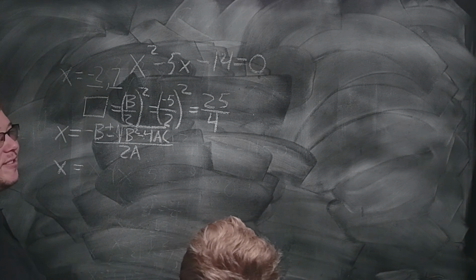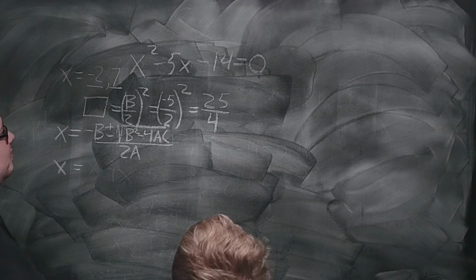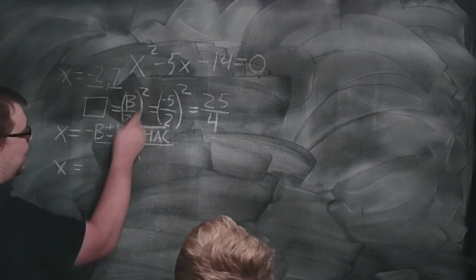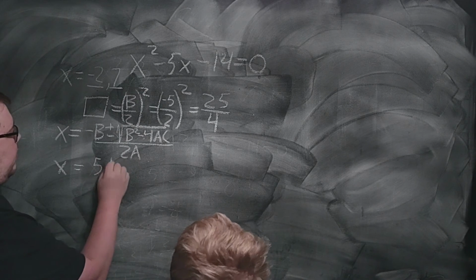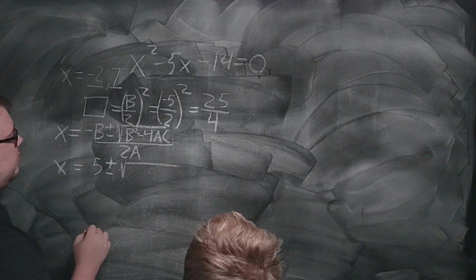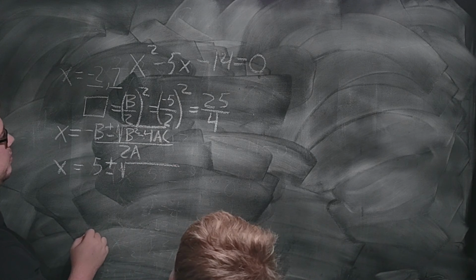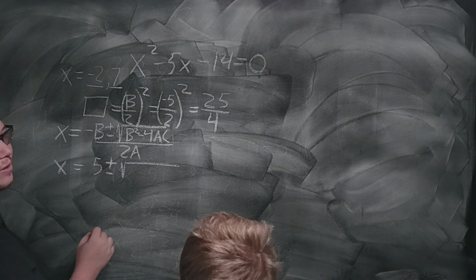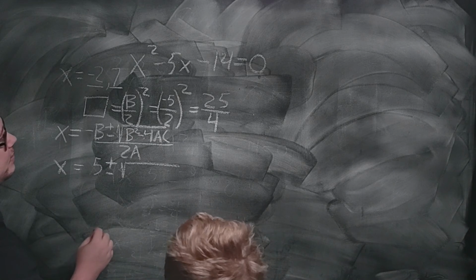Alright, tell me what it is then. It's negative negative 5, which is 5, plus or minus the square root of negative 5 squared. What is that?